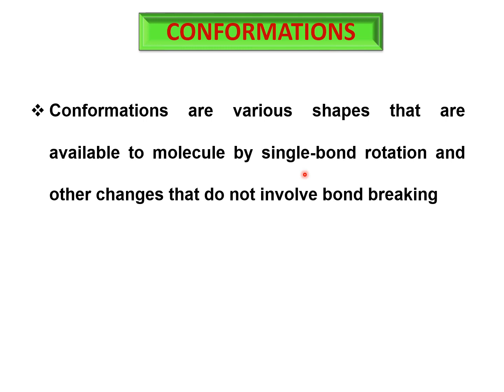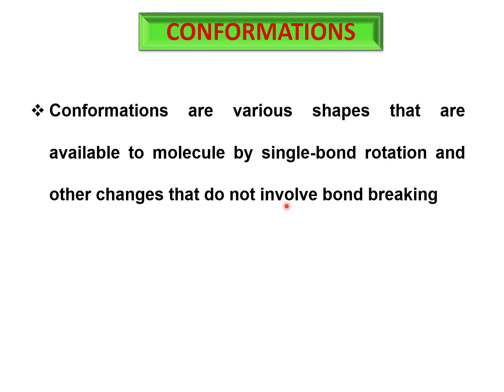But these changes do not involve bond breaking. We've already seen that the energy barrier between two conformational isomers is usually less than 60 kilojoules per mole, which is quite low, but bond breaking requires higher energy.